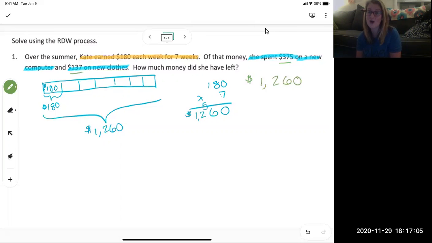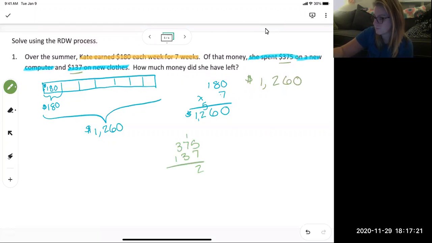So I'm going to add my 2 numbers together, then subtract the total amount that she spent from the total amount that she earned. So she spent a total of $512.